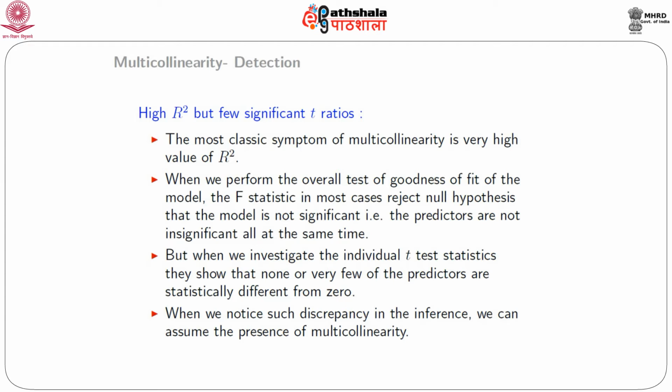That is, the predictors are not significant all at the same time. But when we investigate the individual T statistics, testing the individual regression coefficients in a multiple regression model, they show that none or very few of the predictors are statistically different from 0. When we notice such a discrepancy in the inference, we can assume that multicollinearity is present.